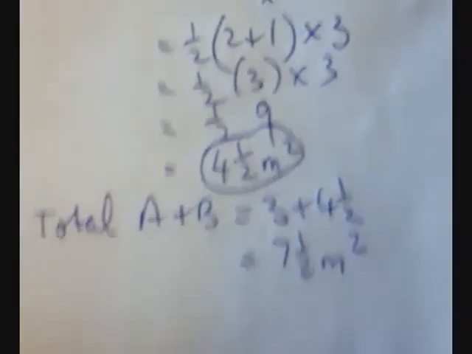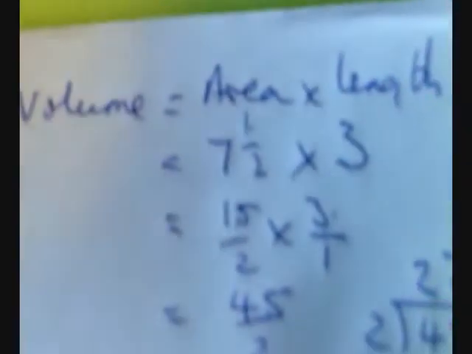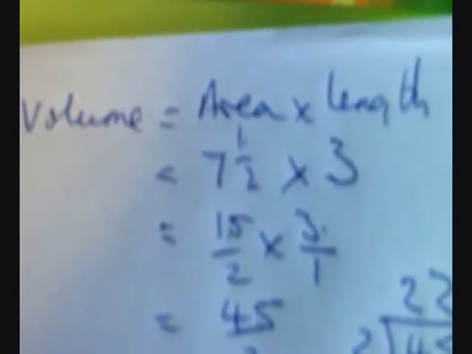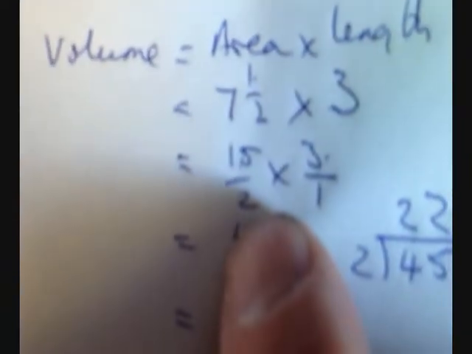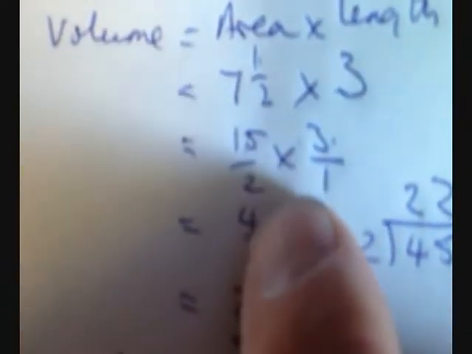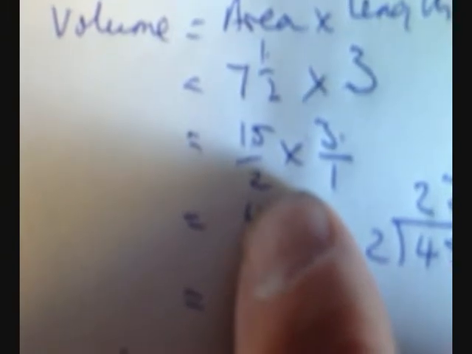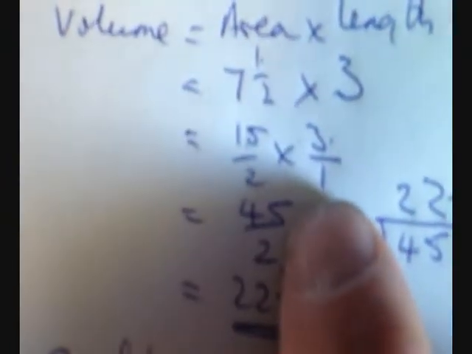So how do I go from there? Well, the next thing is that volume is area times length. 7 and a half times 3, 15 over 2. Remember improper fractions, top heavy? 2 sevens are 14 and 1 is 15. 3 is a whole number, 3 over 1.